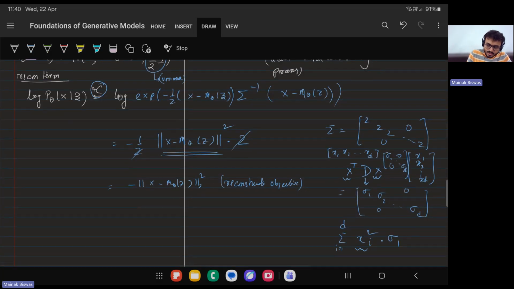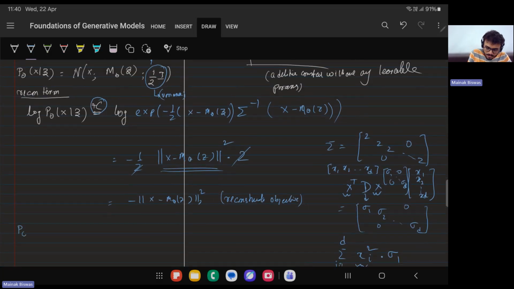Without the half, say I model p theta of x given z as Normal(x; m theta of z, ...). This is the beta-VAE, and I'll show you why we do that. Half into beta by 2, right? So instead of a 1 by 2, I multiply a beta. Beta is a hyperparameter.